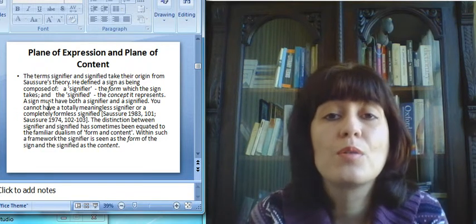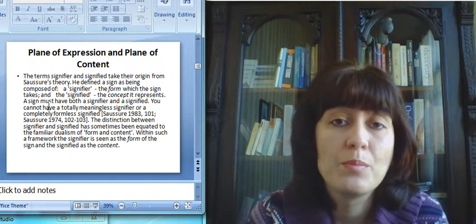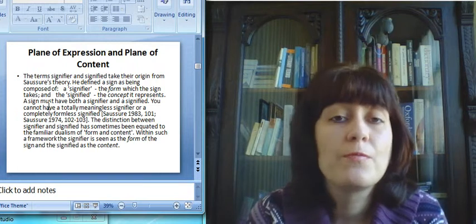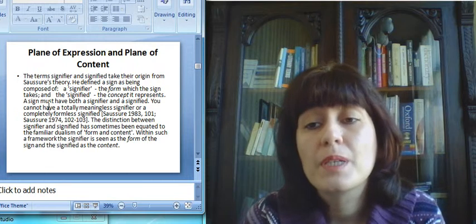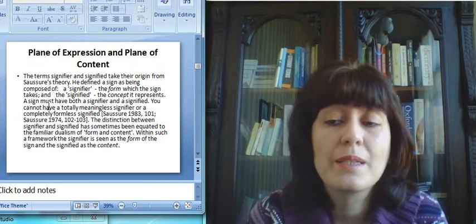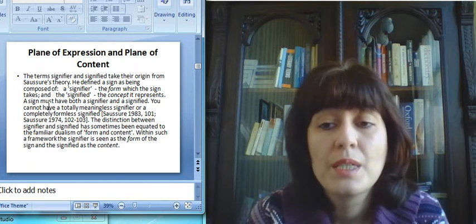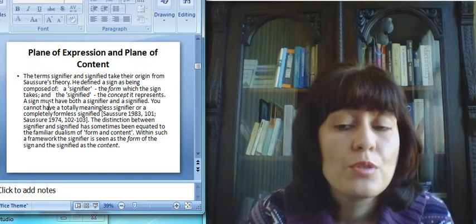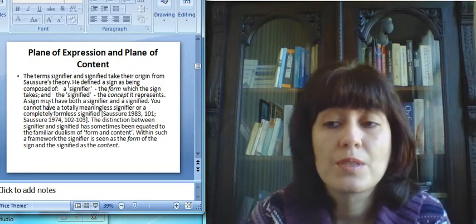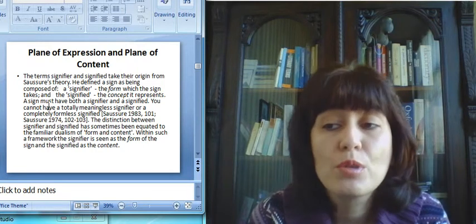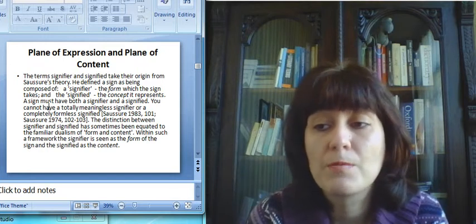Louis Hjelmslev used the terms expression and content to refer to the signifier and signified respectively. And we know that the terms signifier and signified take their origin from Saussure's theory, who offered a dyadic, or two-part, model of the sign. So he defined a sign as being composed of a signifier, the form which the sign takes, and the signified, the concept it represents.